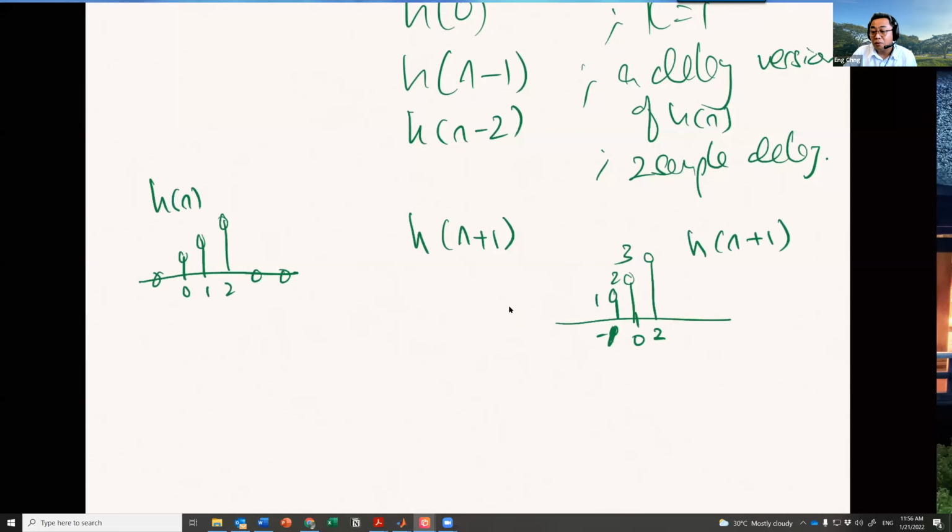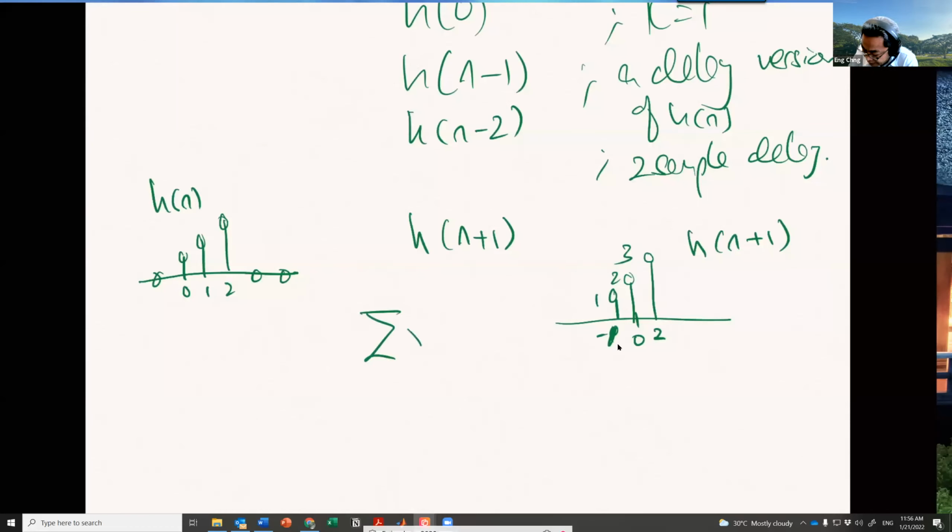Now, what just happened? It basically moves the whole h of n to the left so that the time of the sequence starts from -1 now.